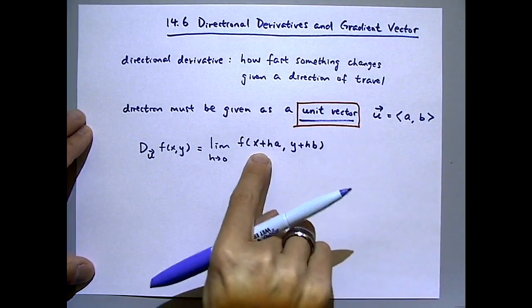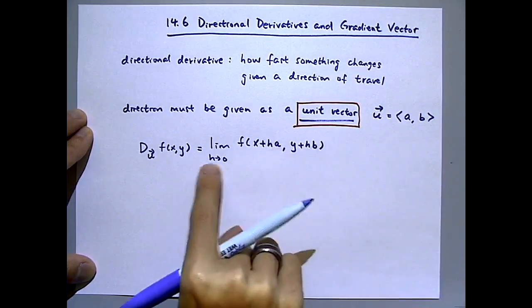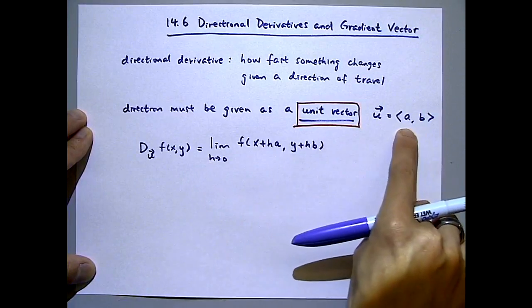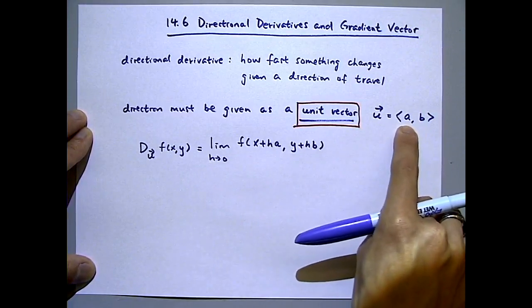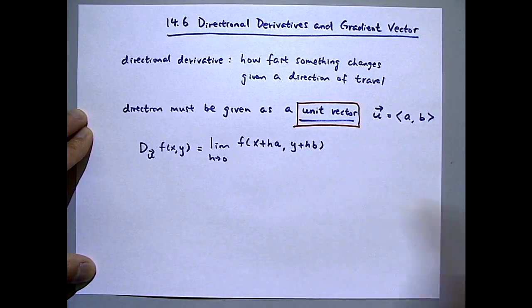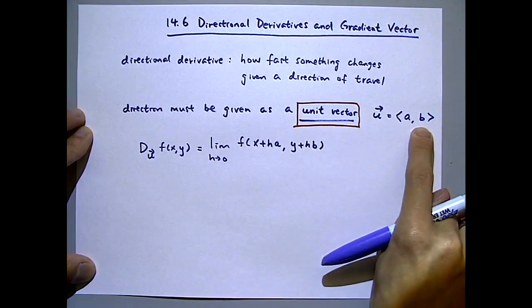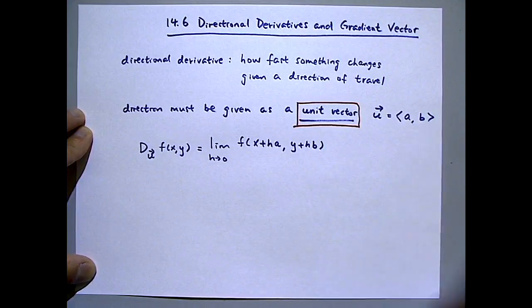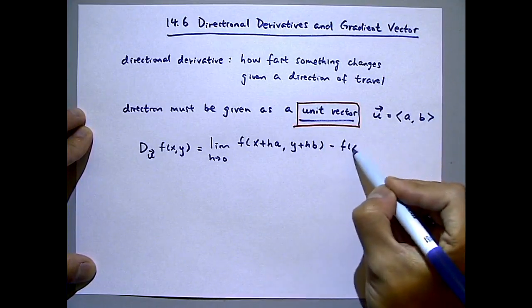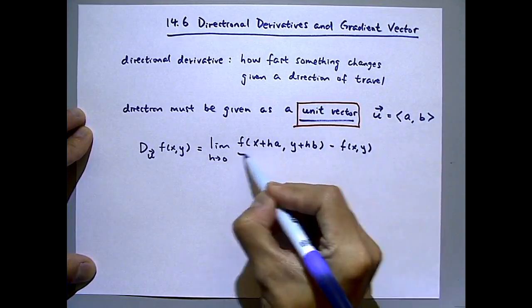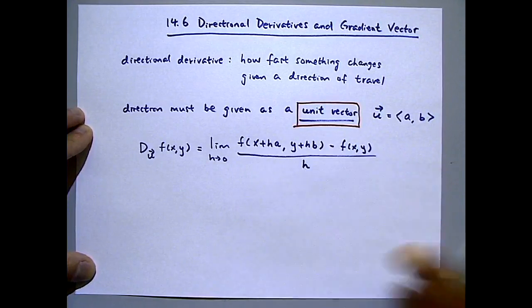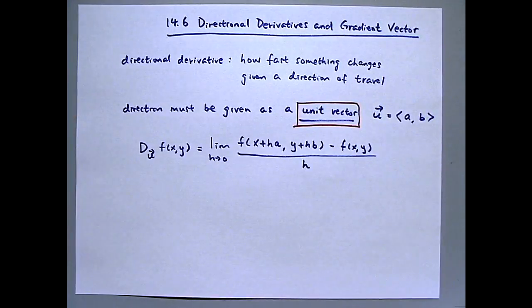So we're going to add to x the amount h times the first component of the vector, a, and y will be increased by the amount h, which we're shrinking, times the second component of the vector, b, minus f of x, y, and as usual, divided by h. Okay, so that's the limit definition of that.